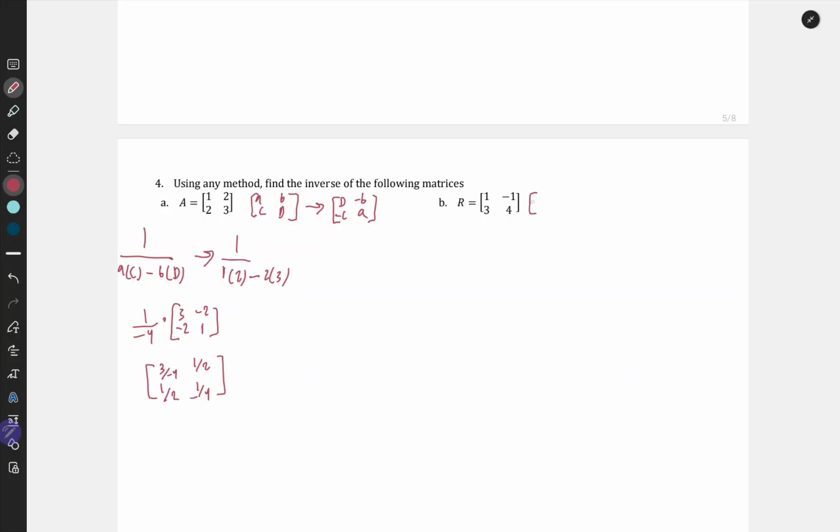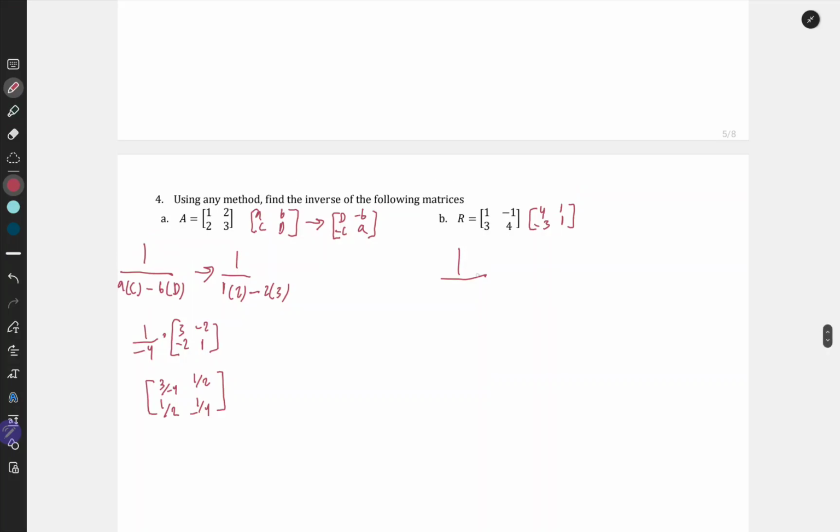The next one would be 4, 1, negative 3, 1. Alright. Now what we do is we put it in that form again, the A times D minus B times C. Let's get it. So A times D would be 4 times 1 minus, and then B times C, 1 times negative 3.